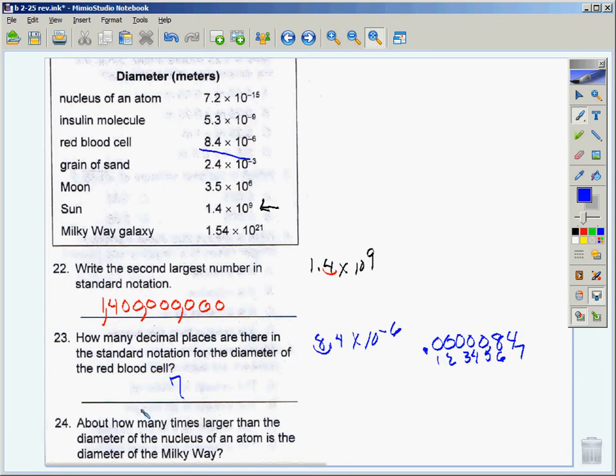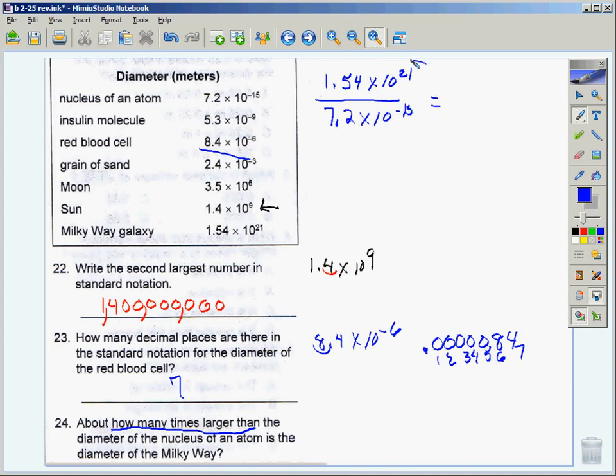Number 24, about how many times larger? When you see how many times larger, what type of problem is it? It is a division problem. It says I'm going to take 1.54 times 10 to the 21st, the Milky Way galaxy, and I'm going to divide it by the nucleus of an atom, 7.2 times 10 to the negative 15th.